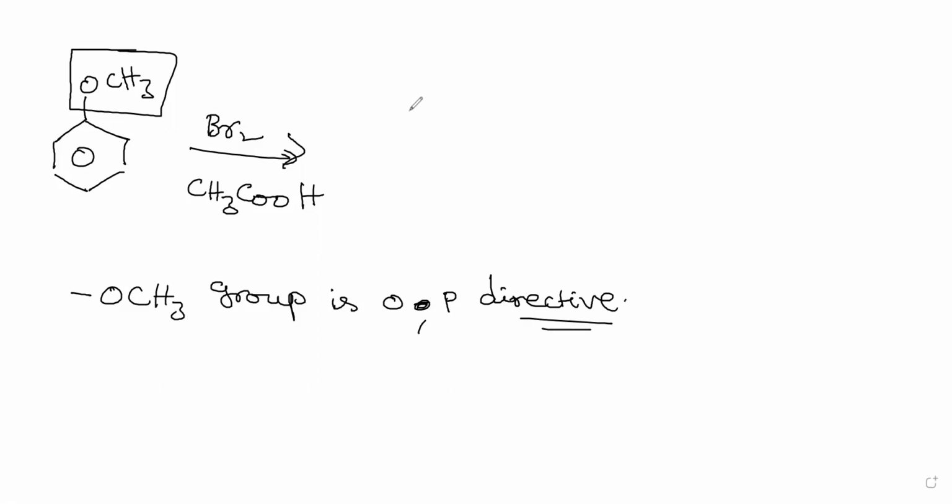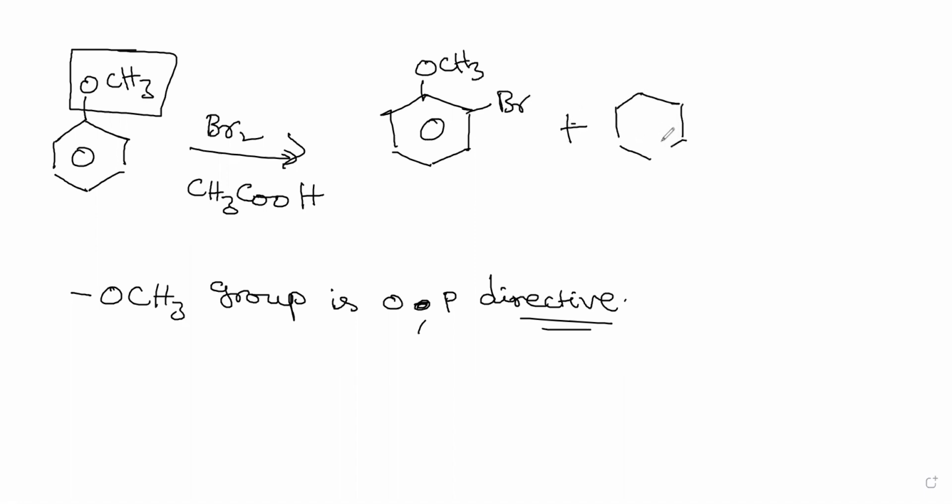So the bromine substitution will happen at the ortho position and at the para position.